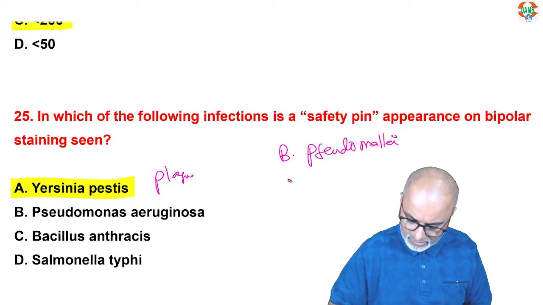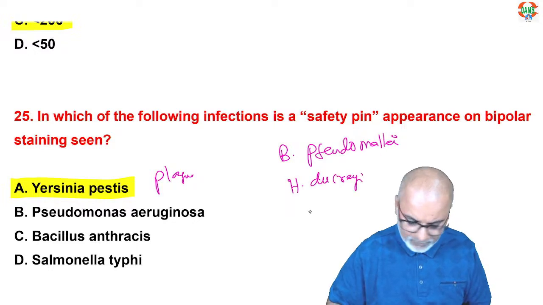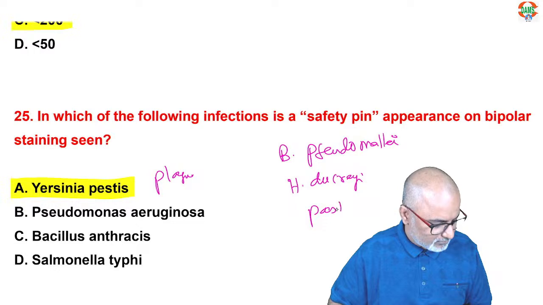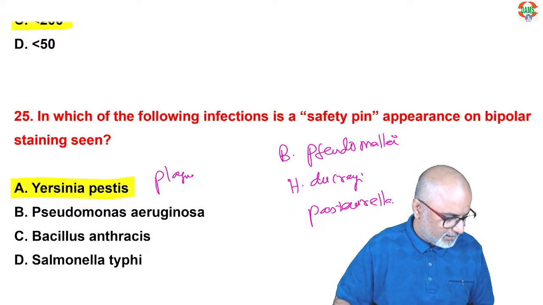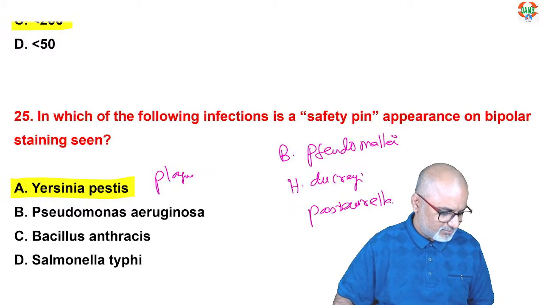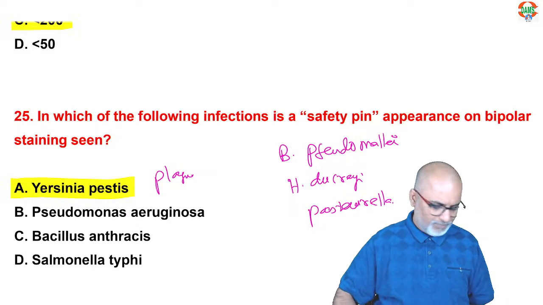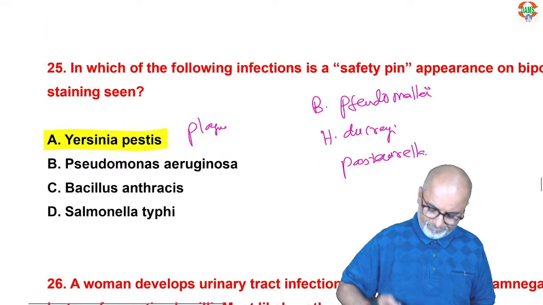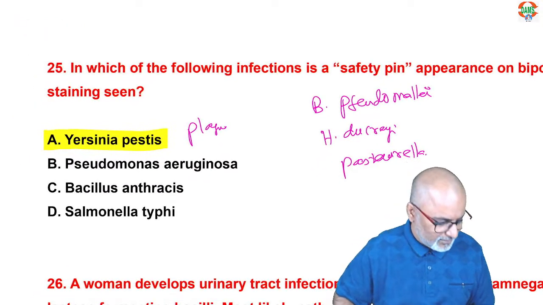One more is Haemophilus ducreyi, Pasteurella, many things. Many organisms show safety pin appearance.